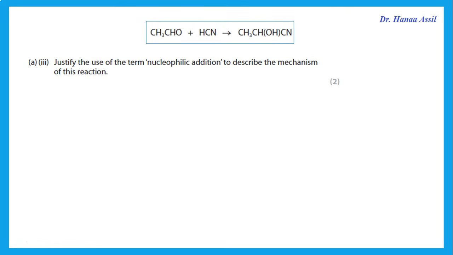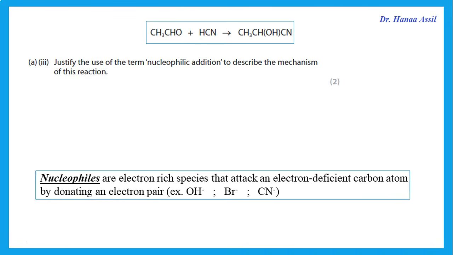Justify the use of the term nucleophilic addition to describe the mechanism of this reaction. So this was the reaction, and if he says what is the name and type of reaction, it's a nucleophilic addition reaction. Why nucleophilic and why addition? Please remember, we said nucleophiles are species that have lone pair of electrons, so they are electron-rich species, and they attack an electron-deficient carbon atom by donating an electron pair.